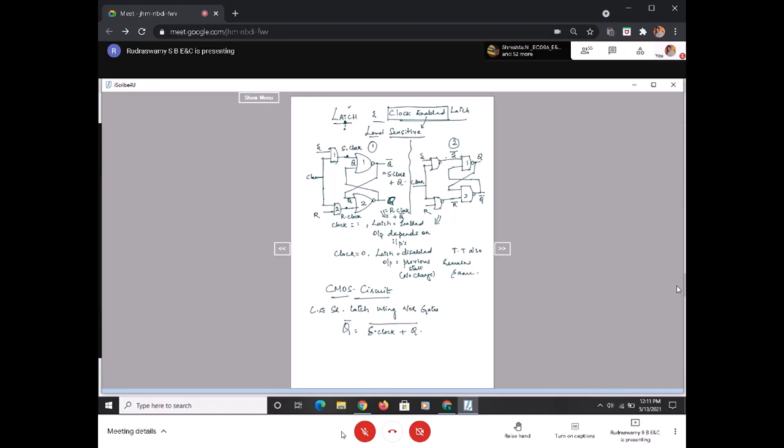Plus Q whole bar, yes, and I have Q, which is R dot clock ORed with Q bar, the overall bar. Yes or no? Because this is a NOR output for me. This is the NOR 1 output, whereas this is the NOR 2 output for me. All of you are with me?